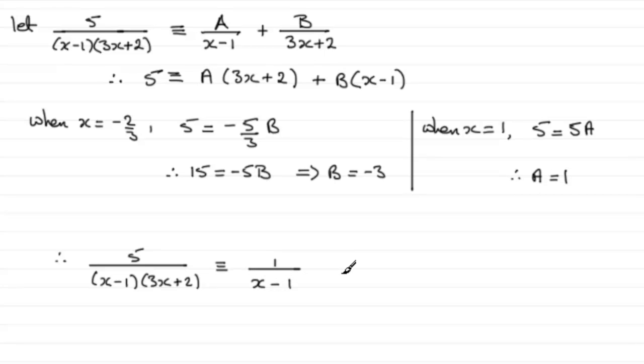And be careful here, don't just rush in and write a plus because we've got a plus here. Always check to see what your next constant is, because in this example it's minus 3, so that just saves you crossing the plus out. You just get minus 3 over the 3x plus 2. And there you go. There's the partial fractions then for 5 all over x minus 1, 3x plus 2.